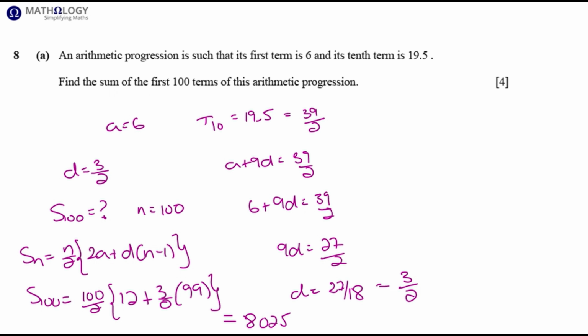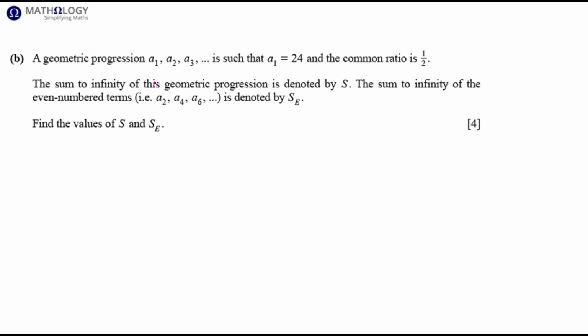A geometric progression a1, a2, a3 is such that a1 is 24 and the common ratio is a half. The sum to infinity of this geometric progression is denoted by S. The sum to infinity of the even numbered terms, in other words term 2, term 4, term 6, etc., is denoted by S sub e. Find the values of S and S sub e.